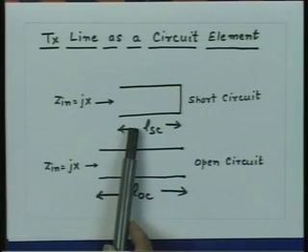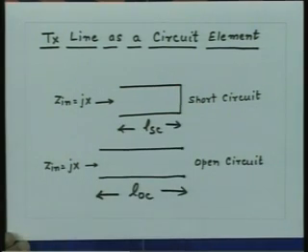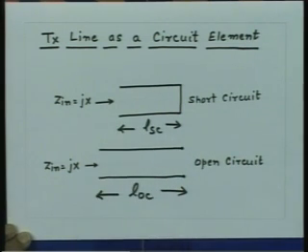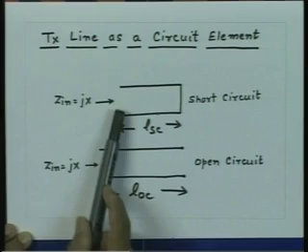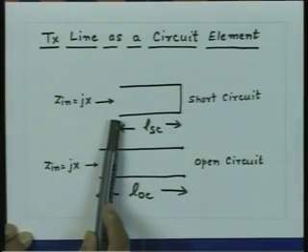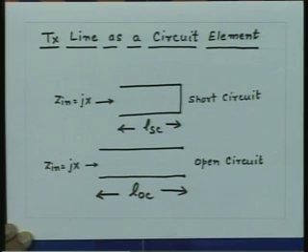So, essentially by taking a length of a transmission line which is either lambda by 4 or lambda by 2, we can realize a parallel or series resonant circuit. We saw that if the input impedance of this line is close to 0, then the circuit behaves like a series resonant circuit.